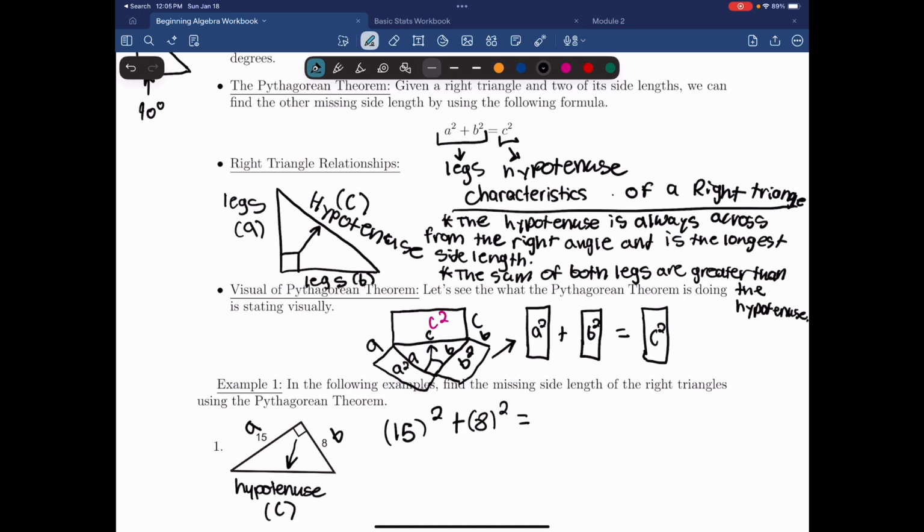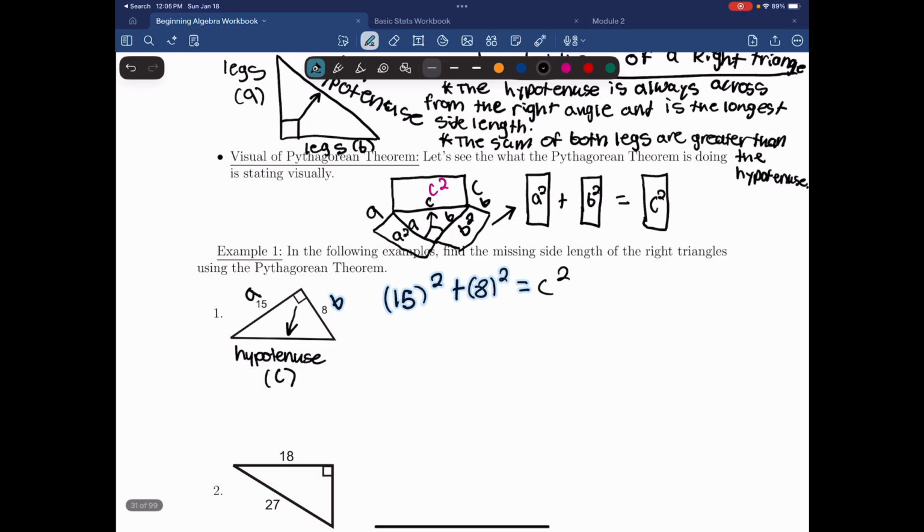And c is what we need to figure out, so we're just going to square c. Now, the first step to solve for c is to simplify the left-hand side. So 15 squared is 225. 8 squared is 64. We're going to set that equal to c squared.